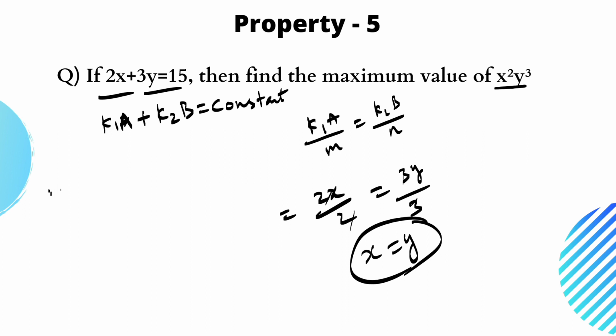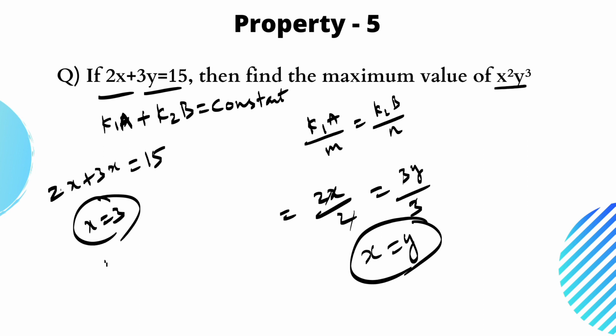We can interchange respectively. So 2x plus 3, in the place of y we are substituting x. 3x is equal to 15 and x is equal to 3, and in the same way we can find the value of y. So y will also be equal to 3.